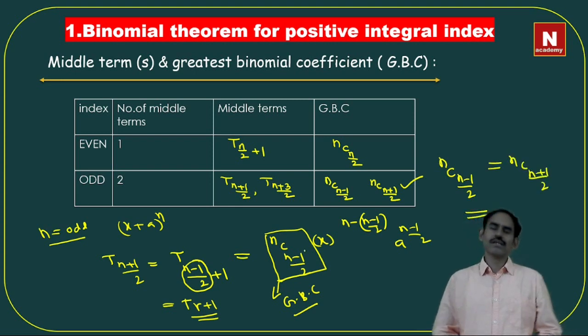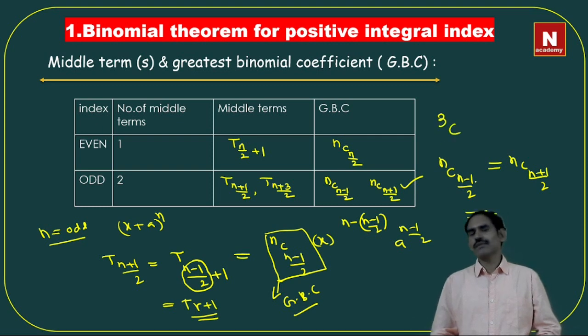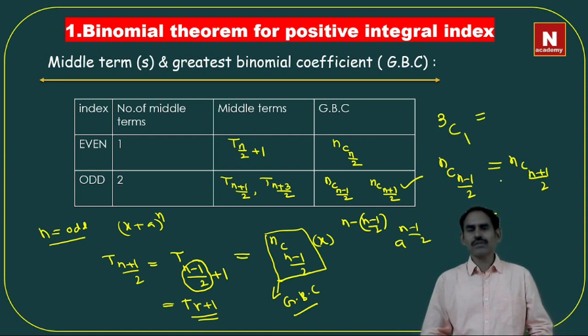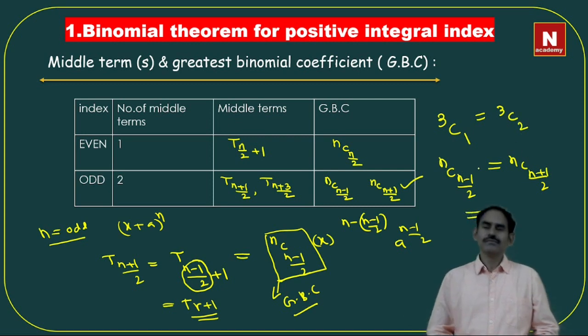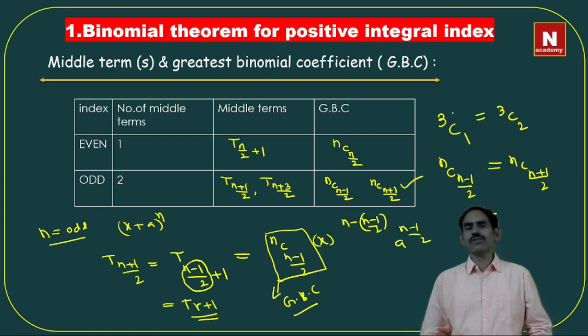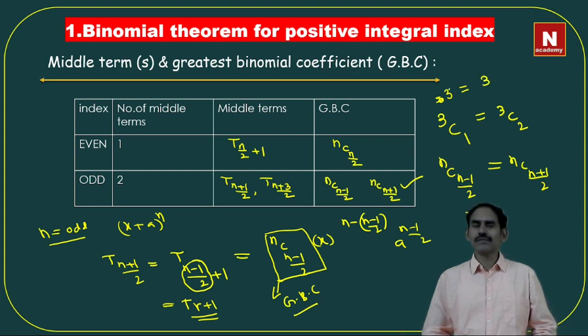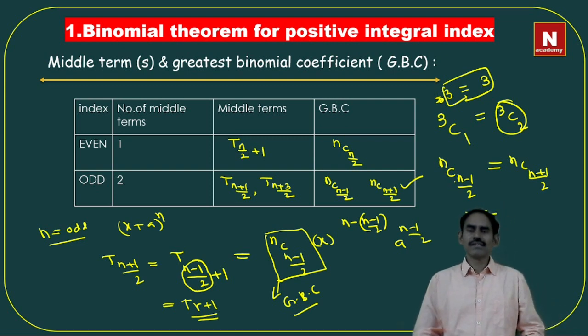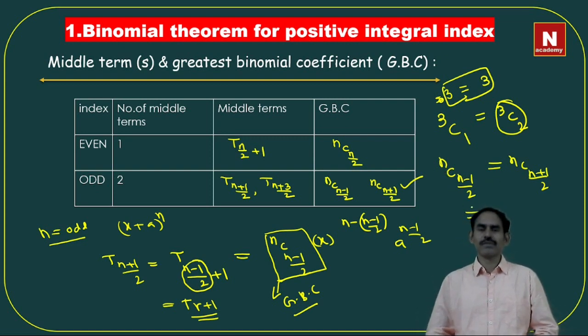When n is odd, for example, if you substitute n equal to 3, then 3 minus 1 is 2, that is 3C1, and here 3 plus 1 is 4, by 2 is 2, so 3C2. 3C1 is 3, and 3C2 is also 3. If you expand, you will get 3. So both are always equal. In the odd case, nC n minus 1 by 2 equals nC n plus 1 by 2.